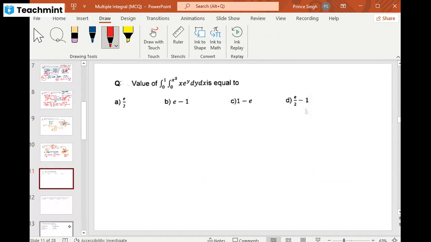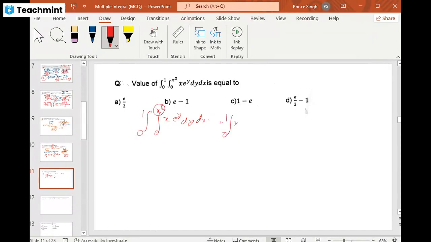Okay, now let us move to the next question. The next part is again we want to evaluate this integral, 0 to 1, 0 to x square, x times e raised to the power y dy dx. Now the inner limit is a function of x, so this limit is of variable y. If we integrate with respect to y, then x is treated as constant.